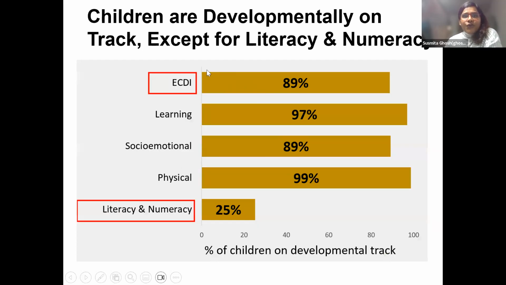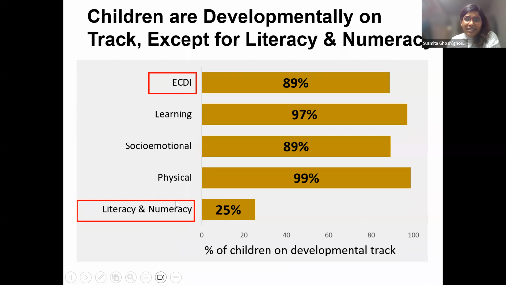This figure is showing the percentage of children who are on the developmental track for each domain, such as literacy, numeracy, physical, socio-emotional and learning, and the overall index of early childhood development. The horizontal axis shows the percentage of children on the developmental track, and the vertical axis shows the individual domains and the overall index.